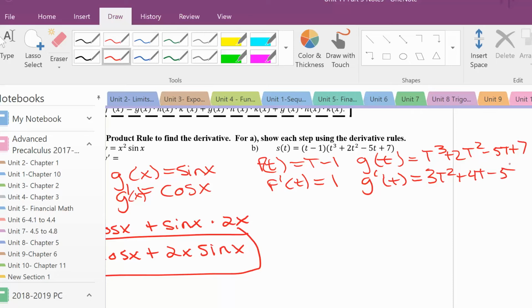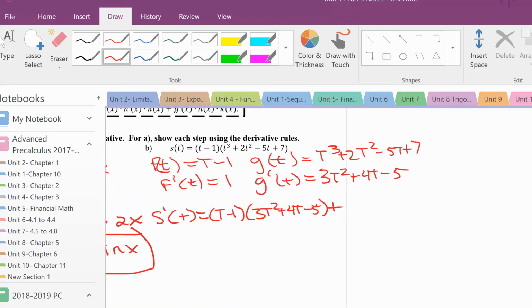So by the product rule, s prime of t is equal to the first function, t minus 1, times the derivative of the second, plus the second function, which is t to the third plus 2t squared minus 5t plus 7, times the derivative of the first, which is 1.